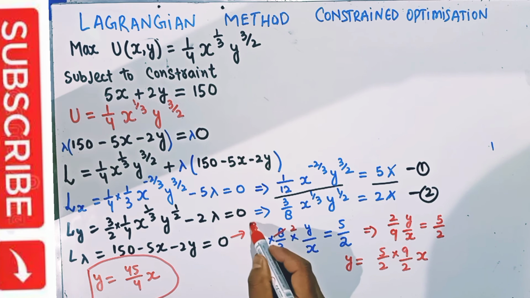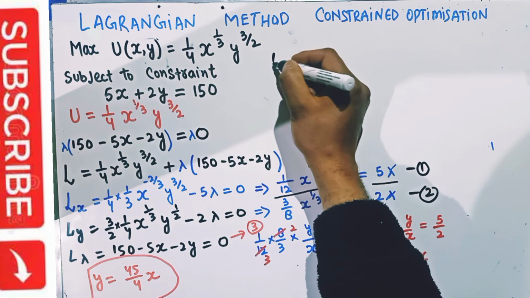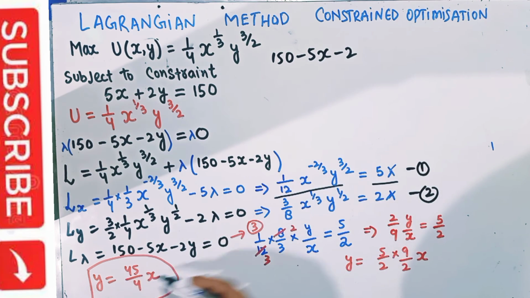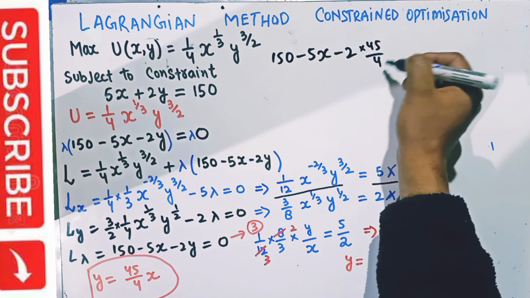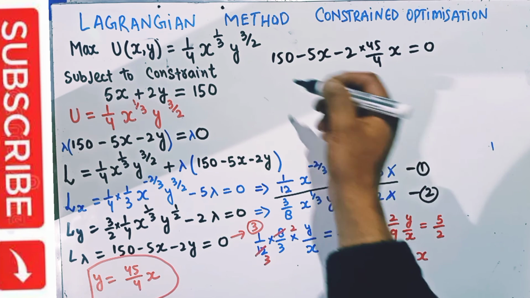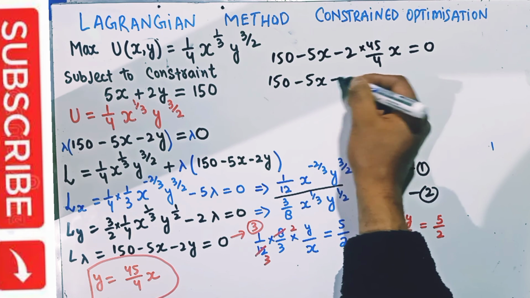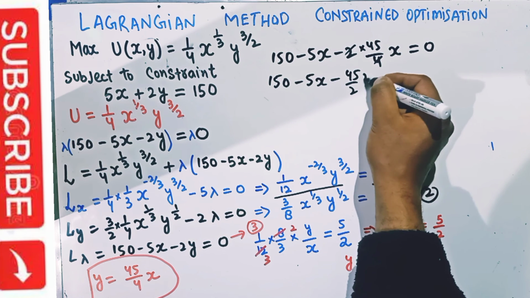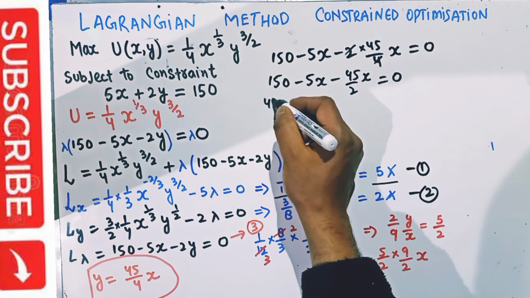Now let's plug the value of y into equation third. Let us say this is equation third. So we have 150 minus 5x minus twice, in place of y we have 45 divided by 4x, and it is equal to 0. So we have 150 minus 5x minus 45 divided by 2x is equal to 0.